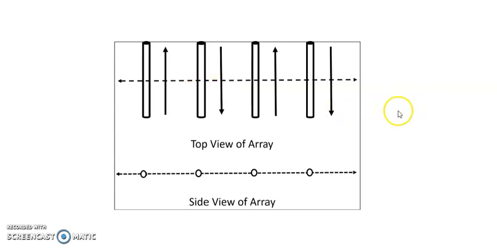Okay, and I think you remember what was the maximum radiation direction of a broadside array. It was 90 degree and 270 degree. But in the case of an ENDFIRE array, the maximum radiation is in the direction of 0 degree and 180 degree. Let us see.